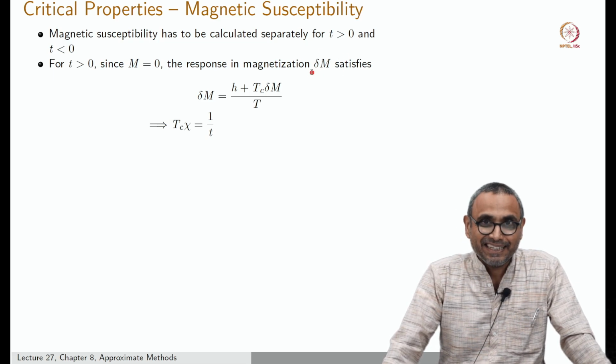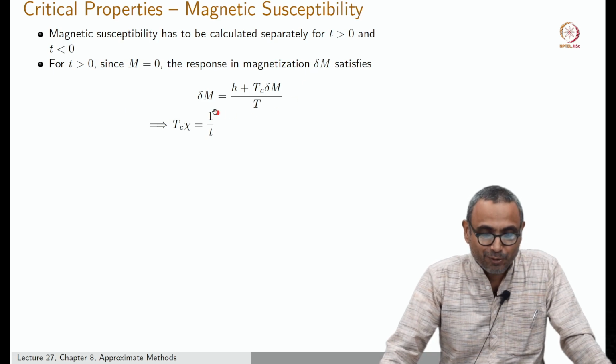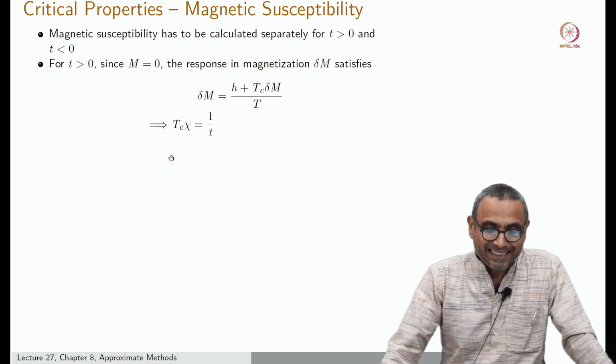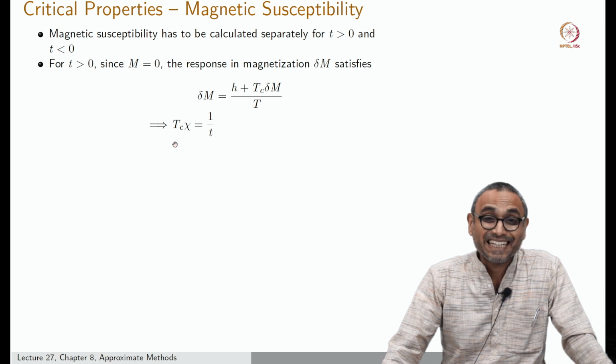So above Tc, if you keep to lowest orders, you will see that the self-consistency equation will give you that delta m is equal to h plus Tc by T delta m, right. This is what you will end up getting. And this will immediately tell you the susceptibility.